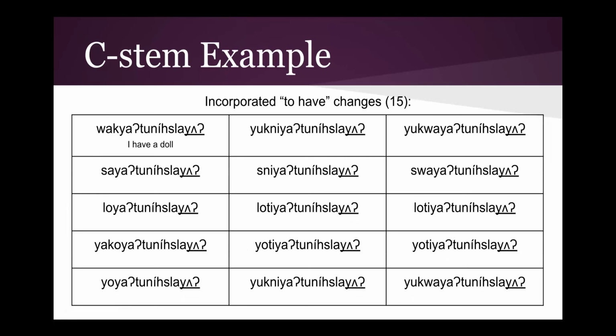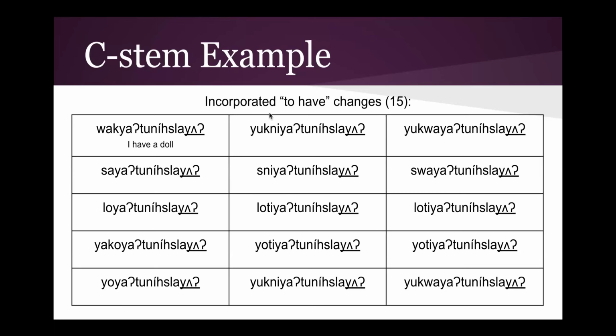So now this column 1 sounds like wagyat dunislai. Wagyat dunislayan. I have a doll. Zayat dunislai. Loyat dunislai. Yagoyat dunislai. Yoyat dunislai.